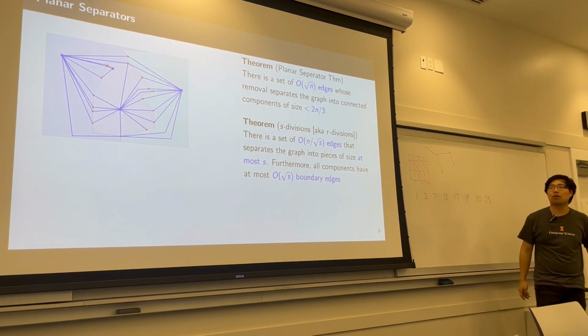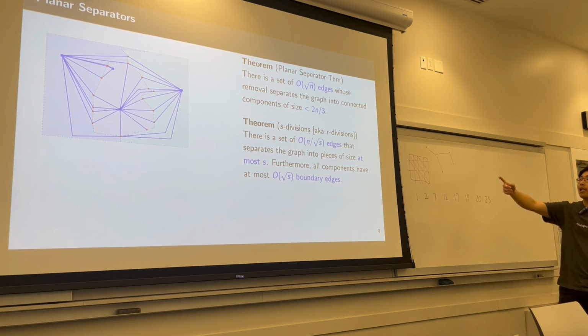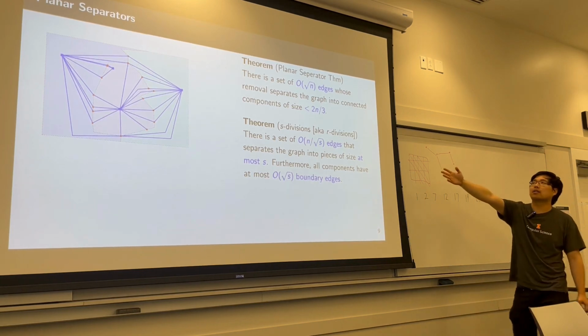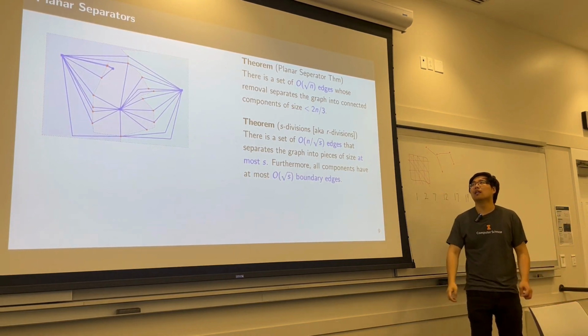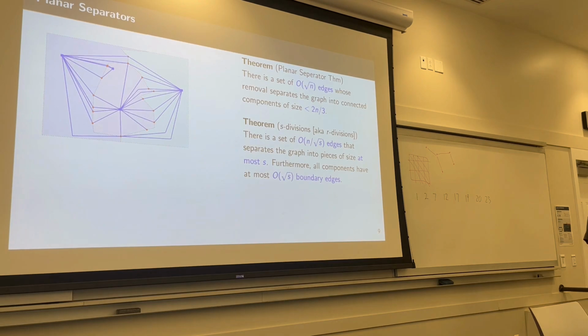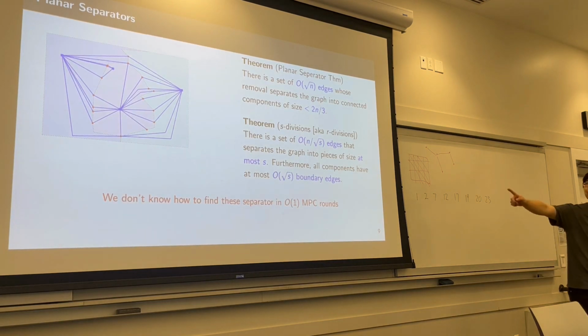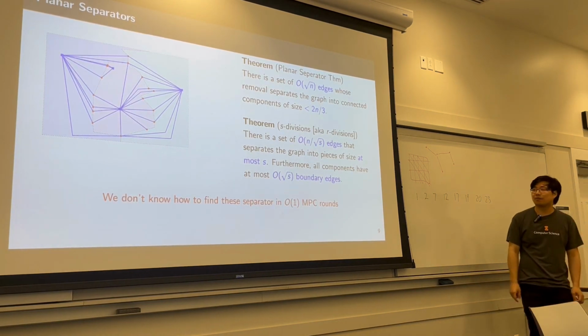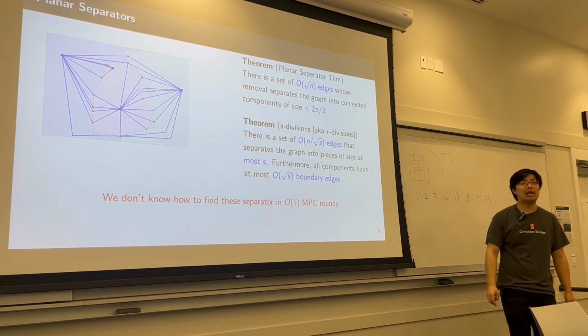With no communication required. And so essentially all we need is a planar separator to defeat this 1 versus 2 cycle conjecture. And the slight issue is that we don't know how to find these separators in order 1 MPC rounds.